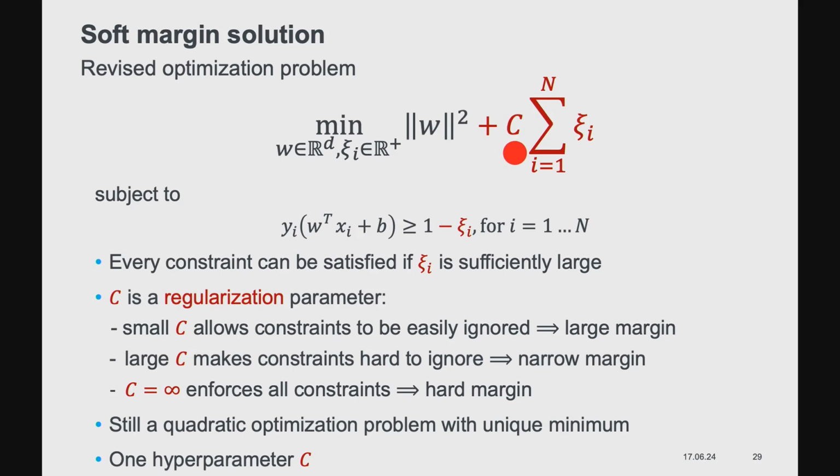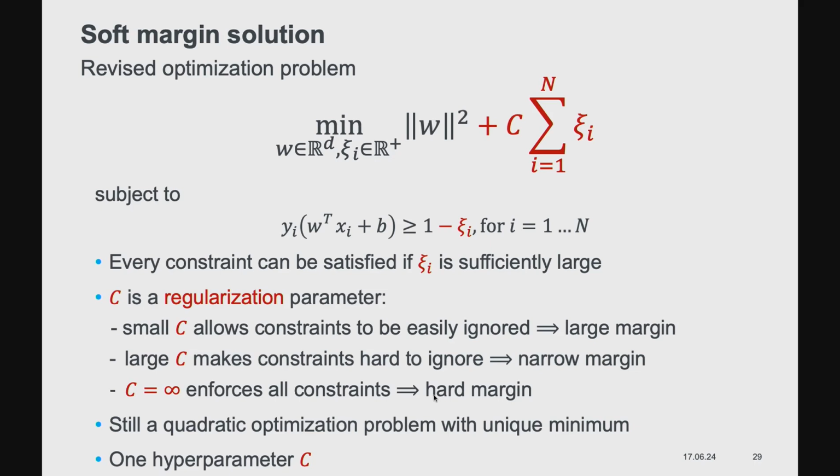And now this C describes how easily we can ignore these constraints. If the C is very small, then we can easily ignore the constraints and get very large margins, but maybe with many points on the wrong side, or at least with some margin violation. If the C is infinite, then this means all constraints are enforced and we get a hard margin, if this is possible at all.